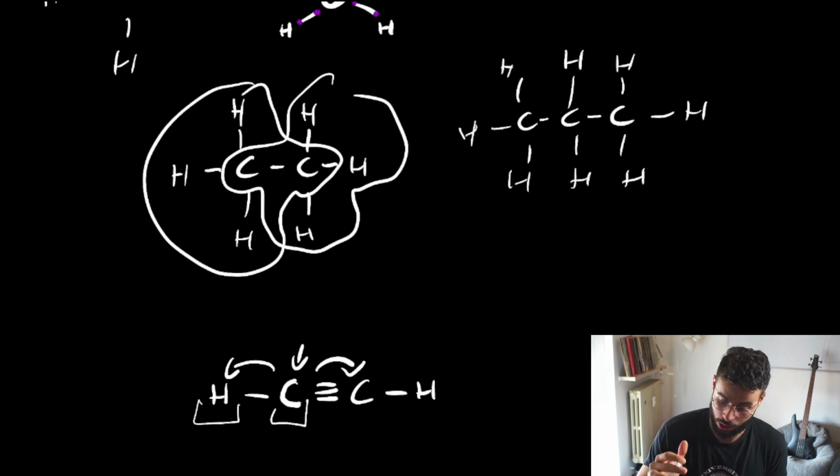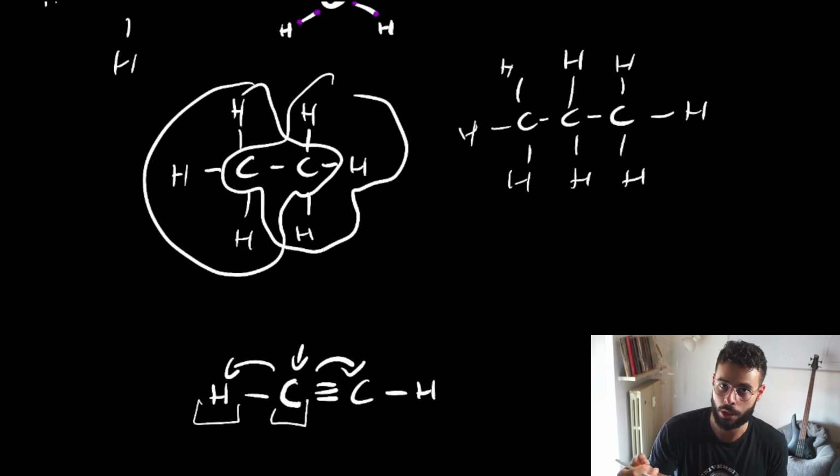But in general, just remember for this lesson, hydrocarbons are compounds that are made out of carbon and hydrogen. They can be divided into 2 main groups: saturated hydrocarbons and unsaturated hydrocarbons. Saturated hydrocarbons are carbon chains that don't contain any double or triple bonds.